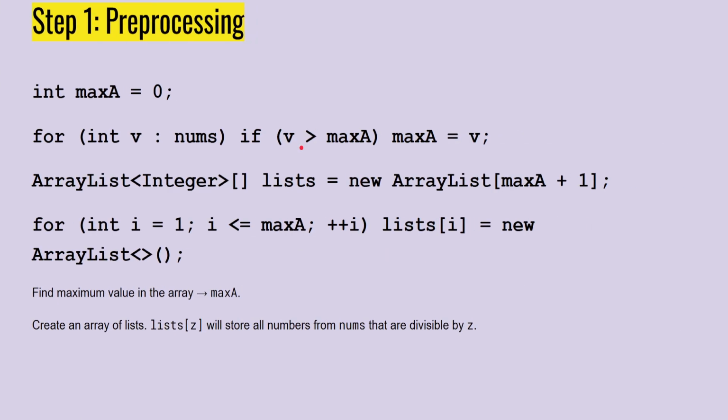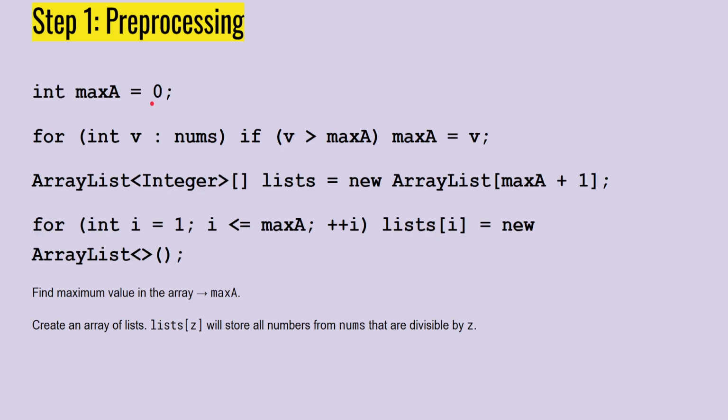Very first, we have to do pre-processing. These are the steps that we are going to understand in the code that I have shared in the comment box of the first part of the video. You can get the code from there. In the first step, you take max A and define it as 0.